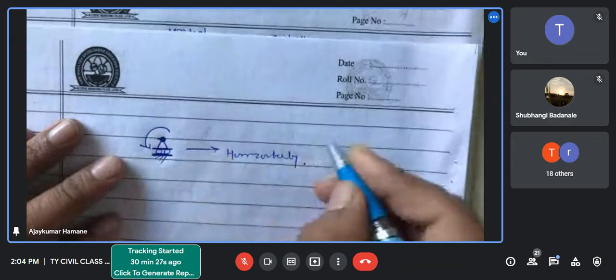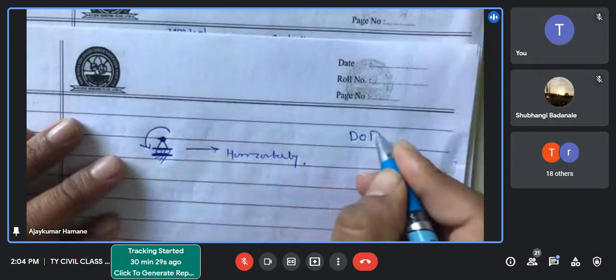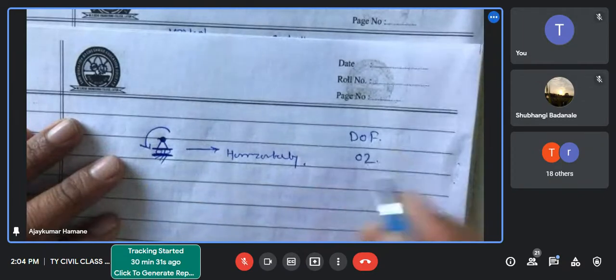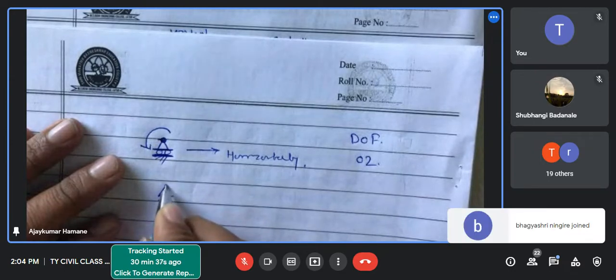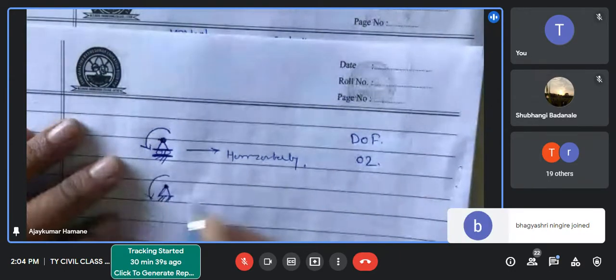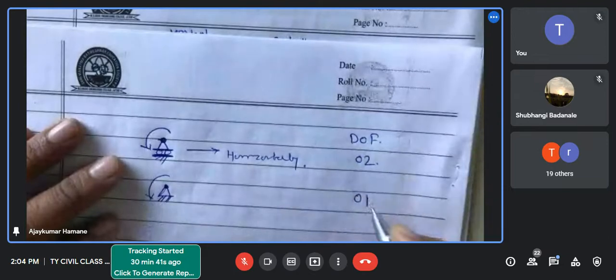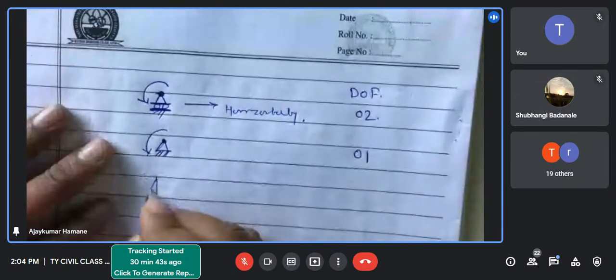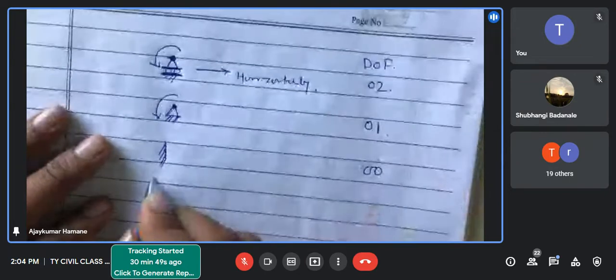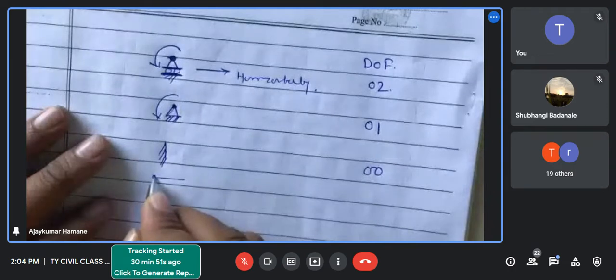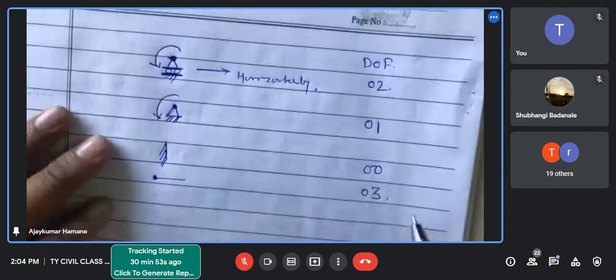So the degree of freedom is 2 for the roller support. Now you take a pin support, it can only rotate, so the degree of freedom is 1. For a fixed support, it cannot rotate and cannot move, so the degree of freedom is 0. And for the free end, the degree of freedom is 3.